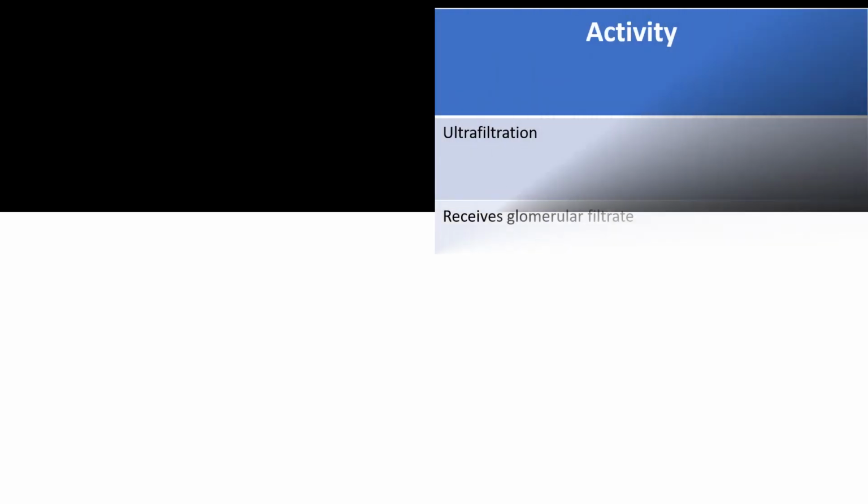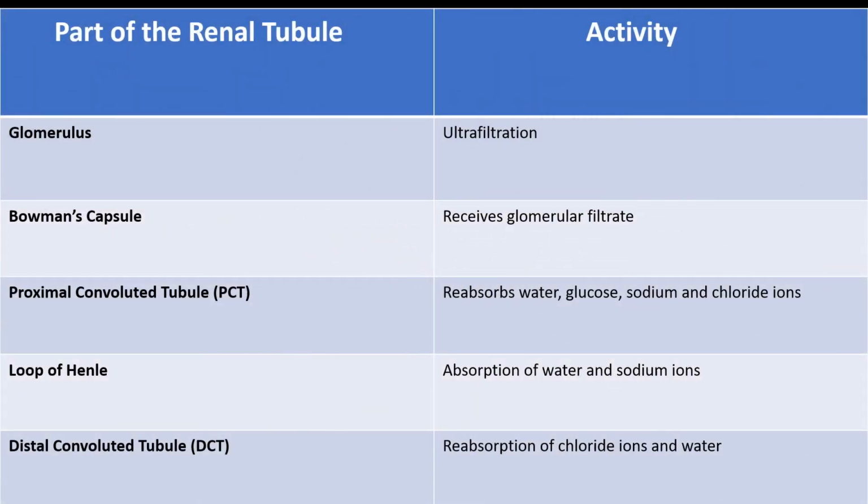In this slide, we can understand which part of the renal tubule is doing which activity. In the glomerulus, ultrafiltration takes place, and the Bowman's capsule receives the glomerular filtrate after ultrafiltration. In the proximal convoluted tubule, the reabsorption of water, glucose, sodium and chloride ions takes place.